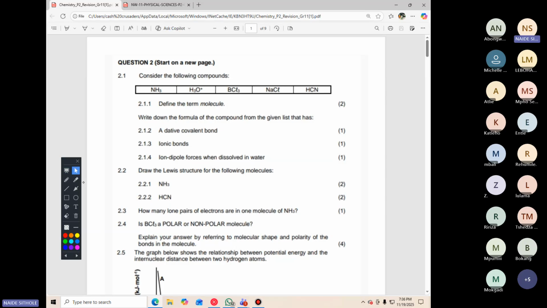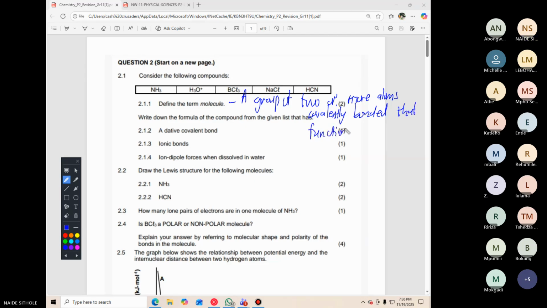We say a molecule is a group of 2 or more atoms covalently bonded that function as a unit. Yes. So this is your definition according to your CAPS document. A group of two or more atoms covalently bonded that function as a unit.